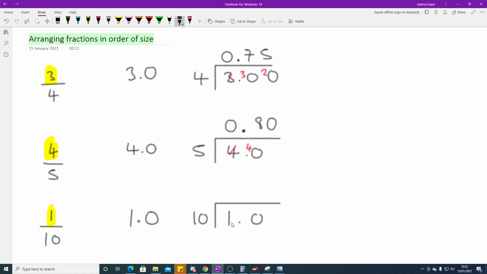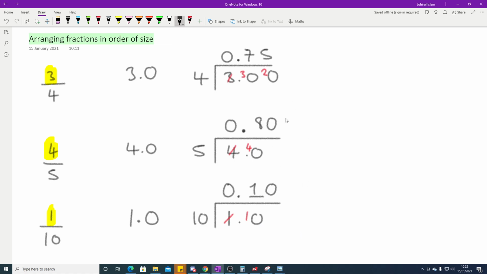So how many 10s go into 1? That's 0. We cross out the 1 and put it next to the 0 here. Make sure that the decimal point is lined up, and then how many 10s go into 10? Well, that's 1. And same thing again, because there's 1 decimal place here and there are 2 decimal places here, we can just add a 0 here for consistency.